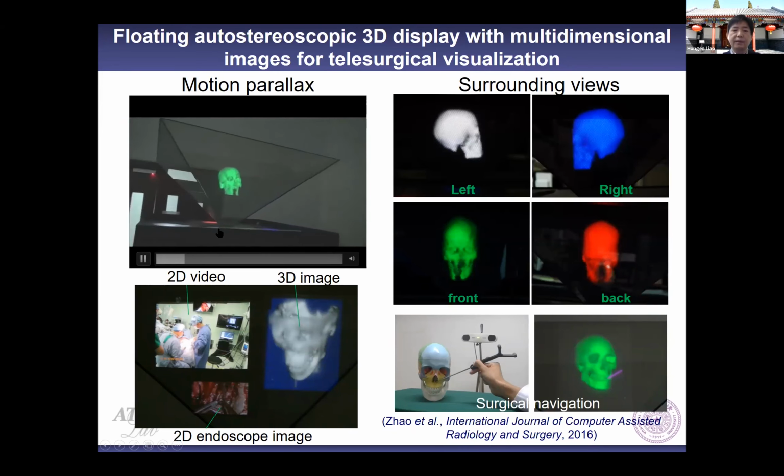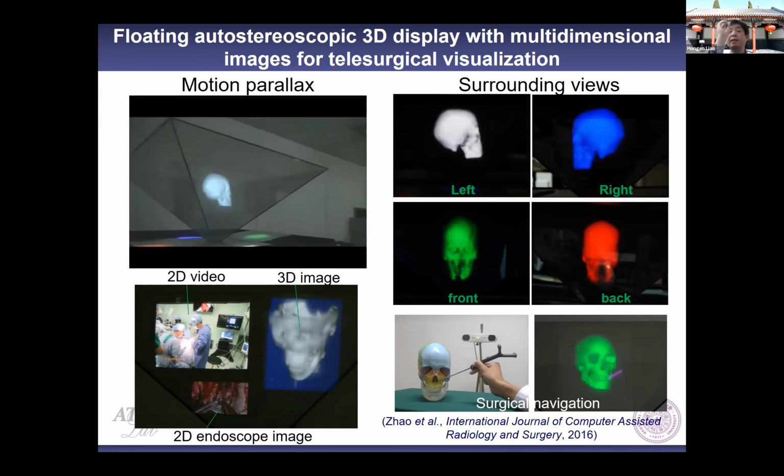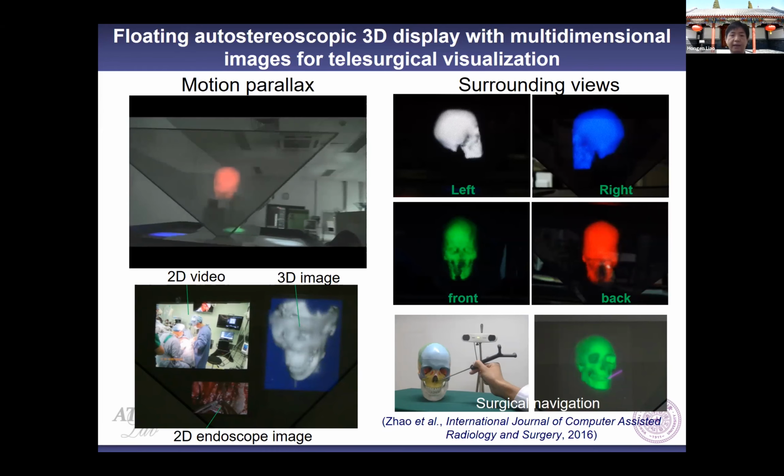We can move the camera from left to right to get the whole information of the 3D object in 3D space, just like this one.